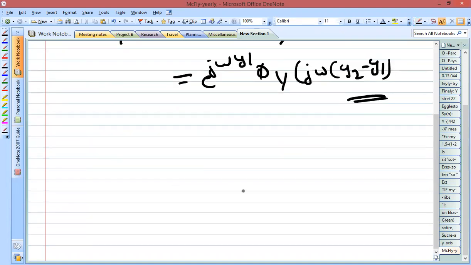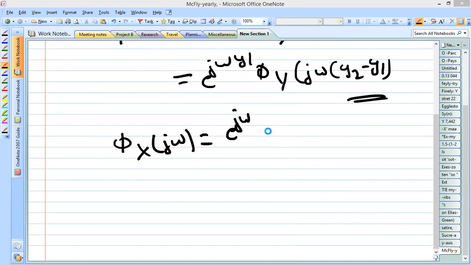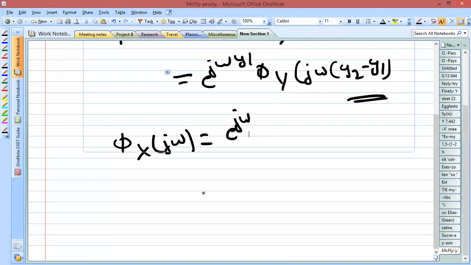In this next step, as we have seen, the characteristic function phi x of j omega resulted in e to the power j omega minus 1, all divided by j omega. This one we have derived.